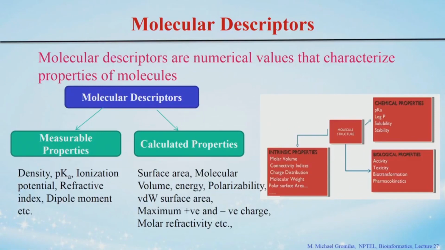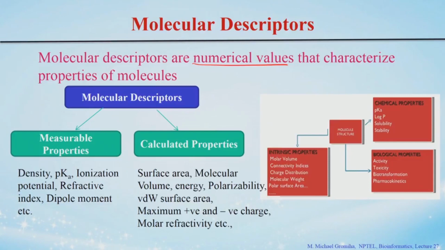So, if we go for the molecular descriptors, what do we mean by molecular descriptors? These are numerical property values that characterize the properties of the molecules. There are various types of properties. Some properties you can measure if you have the compound, like density, pKa and refractive index. Some properties you can calculate, for example surface area, van der Waals surface area, and molar refractivity.